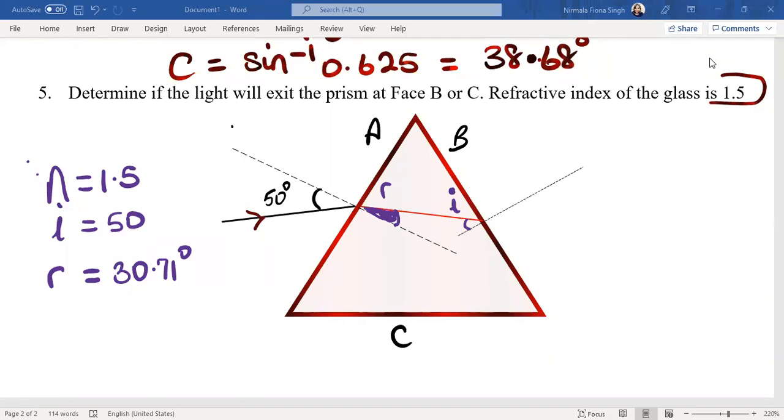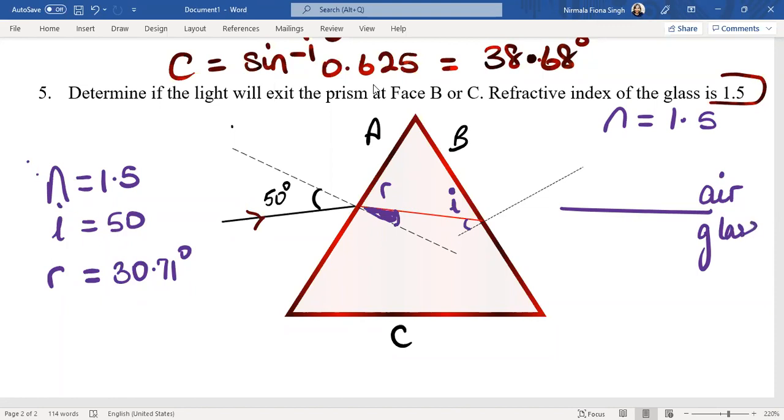Now, this is a little like an expansion on your notes. Anytime we talk about refractive index, say I say the refractive index of glass is 1.5. That means the refractive index of light moving from air into glass is 1.5. Now, suppose we have glass into air.